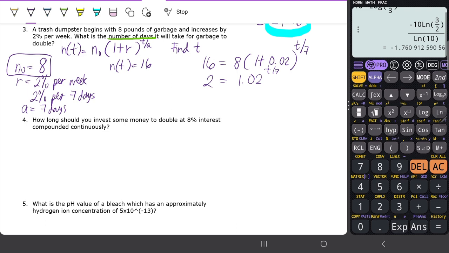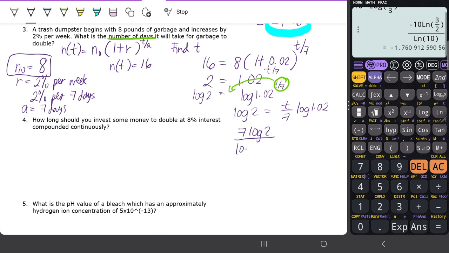Take the log of both sides: log 2 equals log of 1.02 raised to T over 7. Applying the power rule, ito pwede nating ilabas dito. So this is log 2 equals T over 7 log of 1.02. Cross multiplication, this is 7 log 2 divided by log of 1.02 equals T.